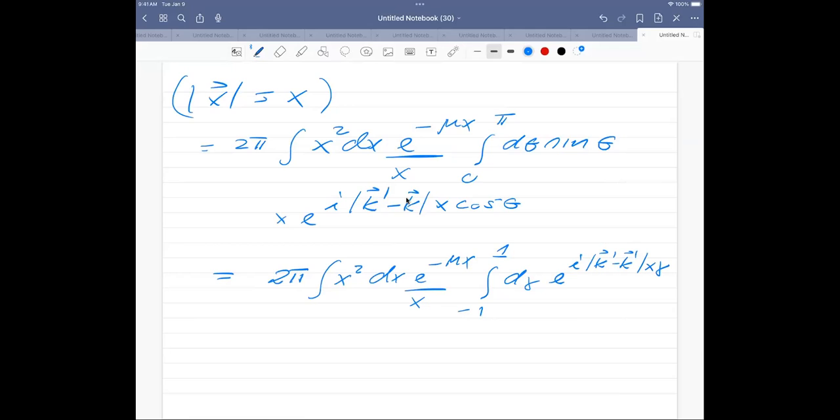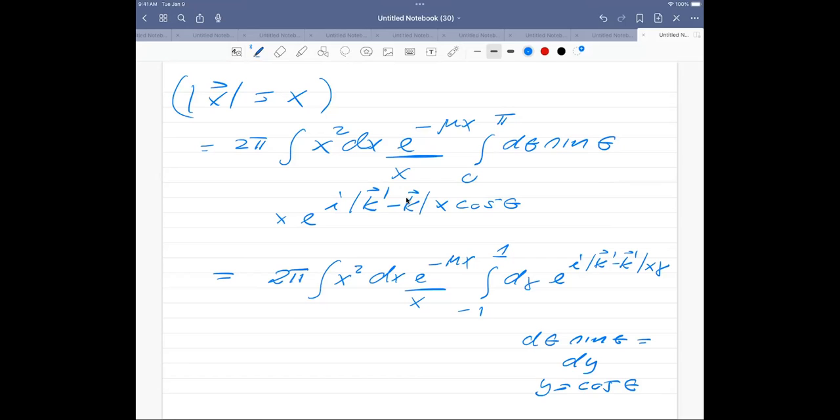The only thing I did was to replace dθ sin θ with dy, where y is simply equal to cos θ. Since I'm changing this variable, when θ is 0, y is equal to 1, and when it takes the value π, it's equal to −1.